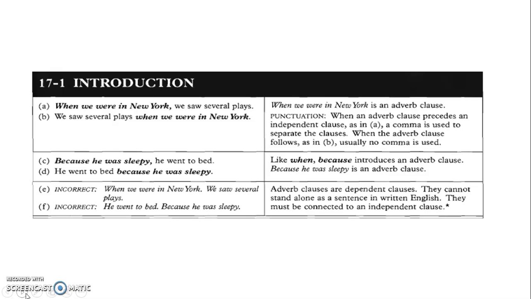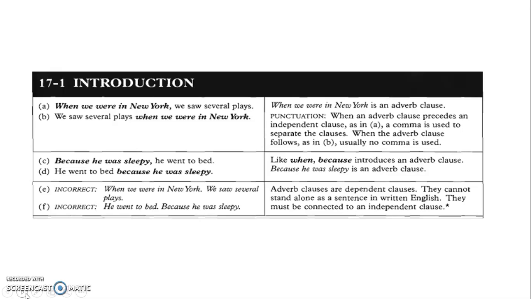So: when we were in New York, comma, we saw several places. Or you can say: we saw several places when we were in New York. So "when we were in New York" is an adverb clause.